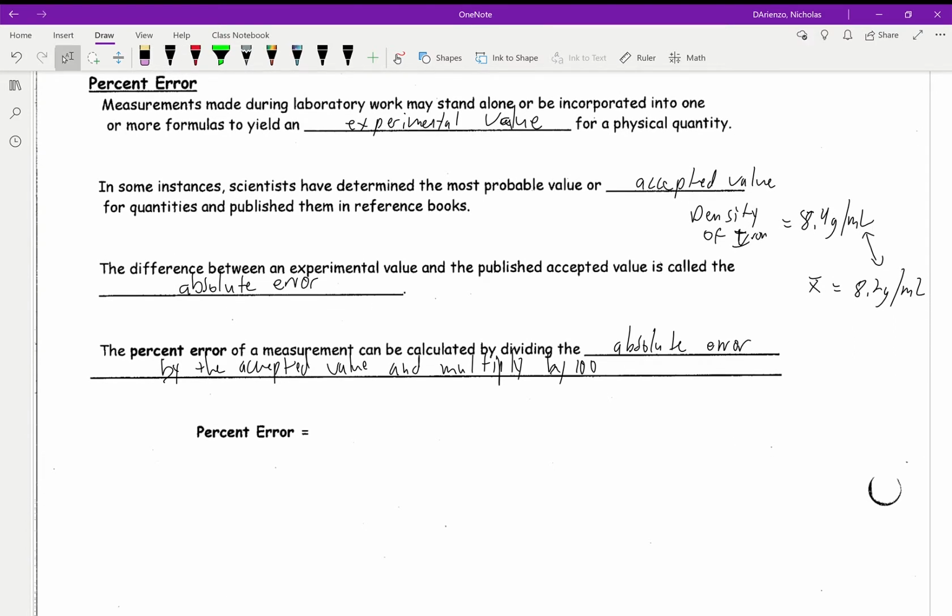And in equation form, this is the absolute error divided by the accepted value times 100. This is probably the most common type of data analysis that we'll look at, is percent error, to give ourselves an idea of how far off we were from the norm or from that accepted value.